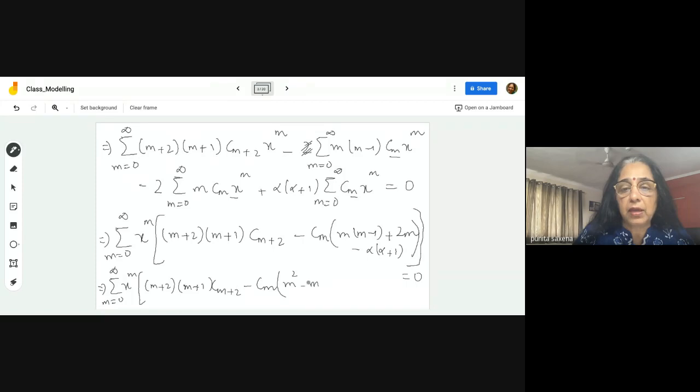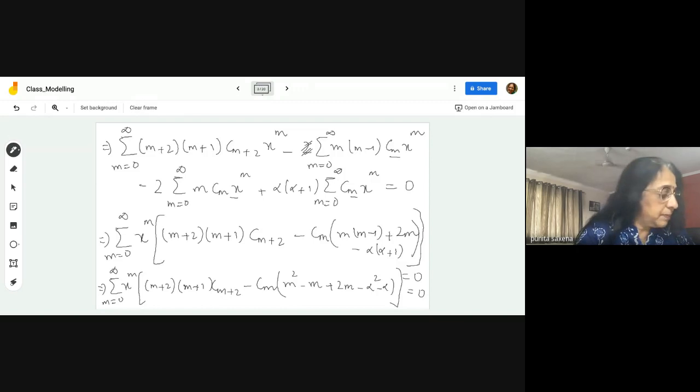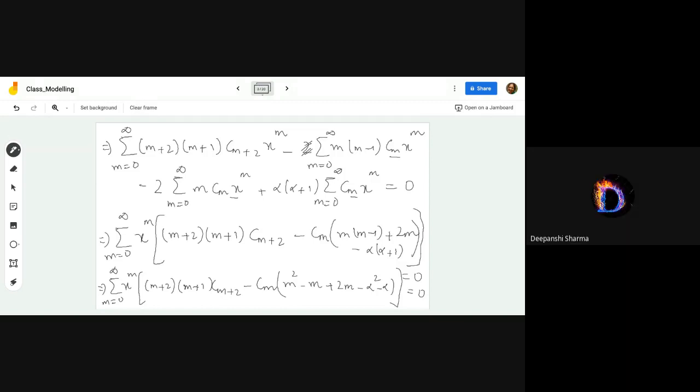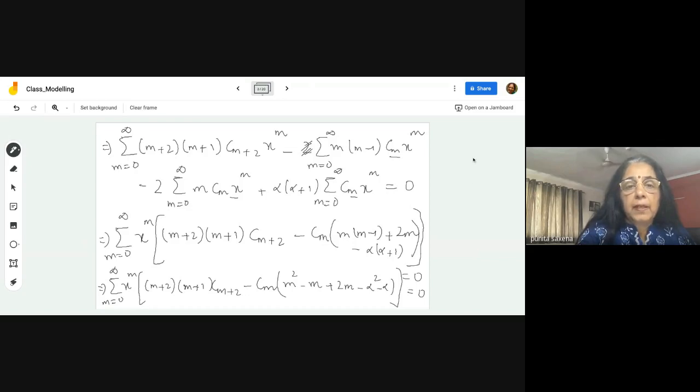It will be m square minus m plus 2m minus alpha square minus alpha equal to 0. Is this okay? Yes, ma'am. ठीक है ना? Just cross check, because I can commit a mistake, so please do it carefully, and then if I'm wrong, please point me out.